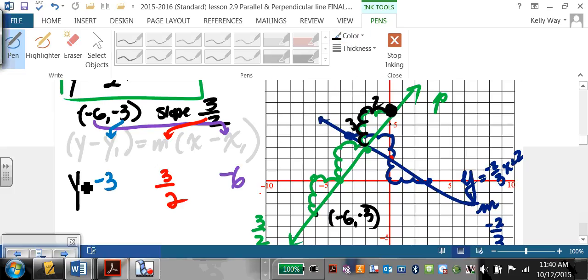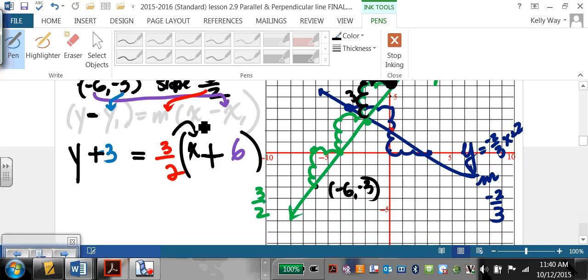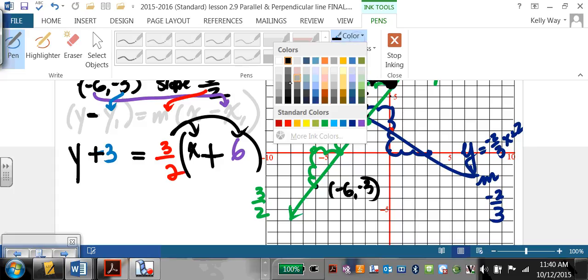We have y. Look, that's going to be minus. That's going to be a double negative. Minus negative 3. Flip that to a positive. x minus negative 6. Change that to a positive. Okay, our job is to get y by itself, so we're going to distribute this first.